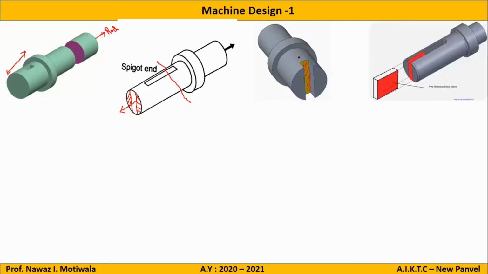Shearing. Yes. So in shearing, what happens if you observe in this figure? This part is being pressed. If I draw the 3D view here, it will be like this, and this part will be pressed. First it is pressed, and after pressing, as the load increases, this particular part will come out.